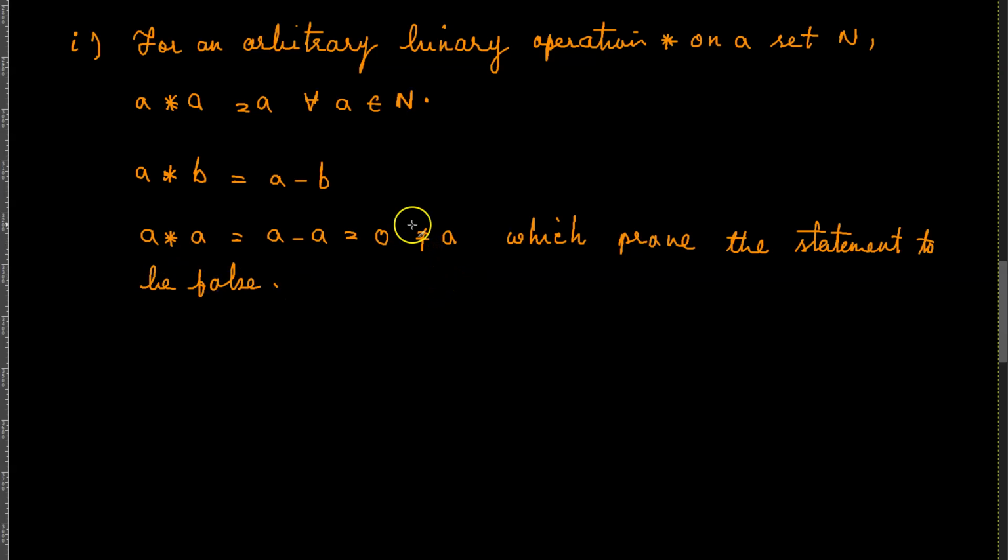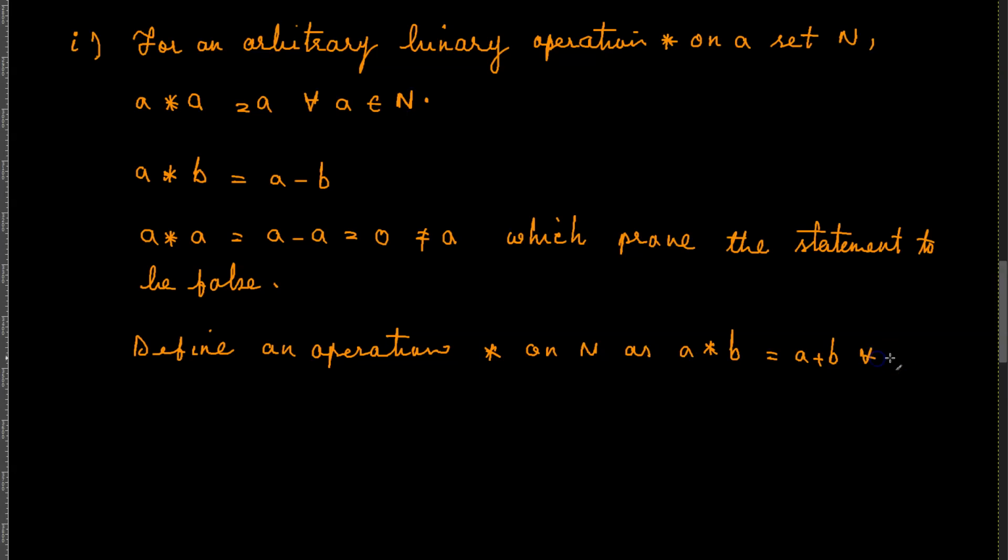Now let's see what sort of solution they have here. They define an operation star on N as, for example, A star B is equal to A plus B for every A and B belonging to N. This is anything that you can define, because the statement is saying for an arbitrary binary operation, so you can define anything you want.